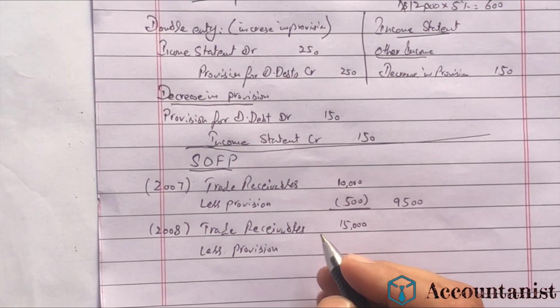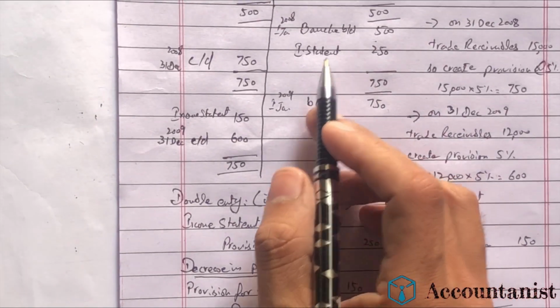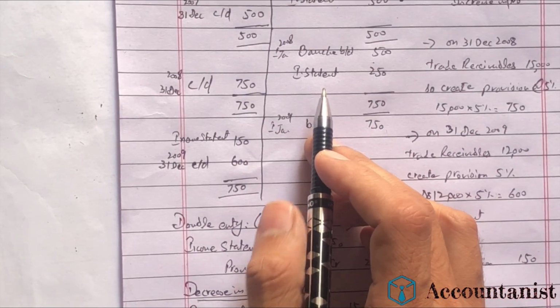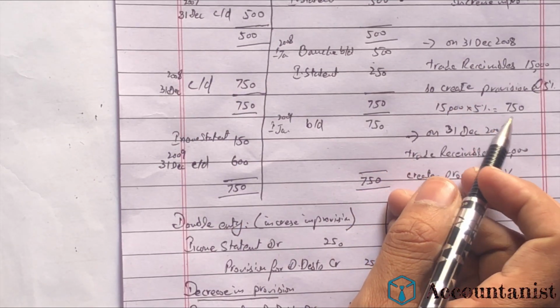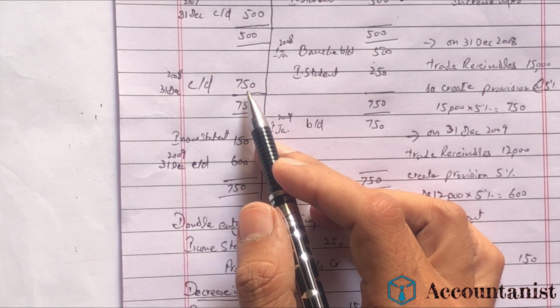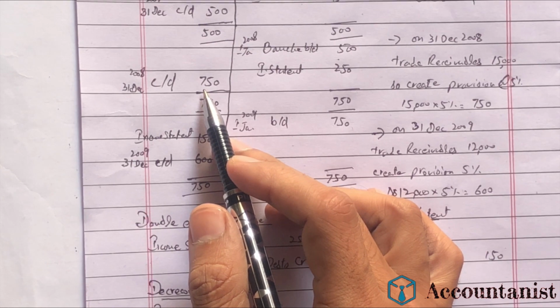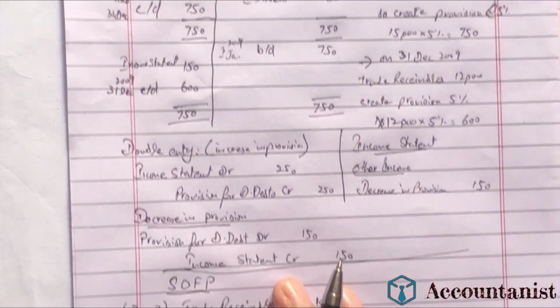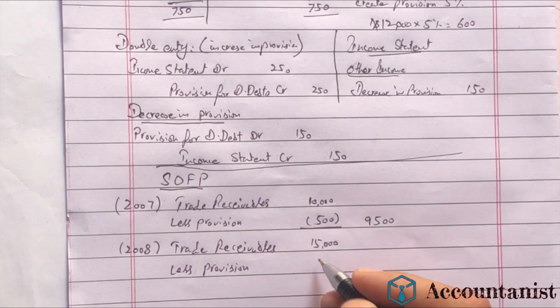Coming back here to 31st of December 2008, we have applied this 5% and we got the 750. That 750 was our closing balance of provision. So the same balance we are going to use to deduct from our trade receivables. So here we have 750.